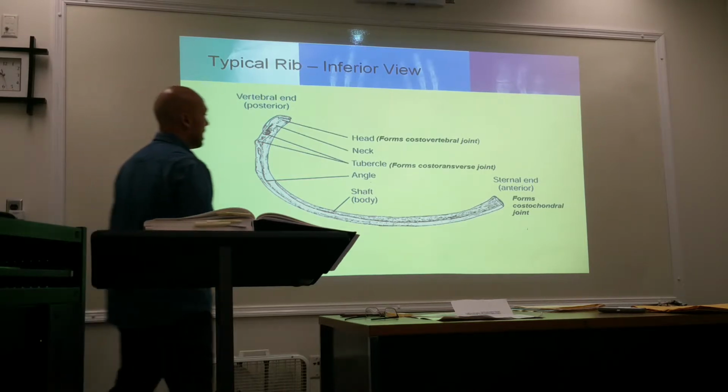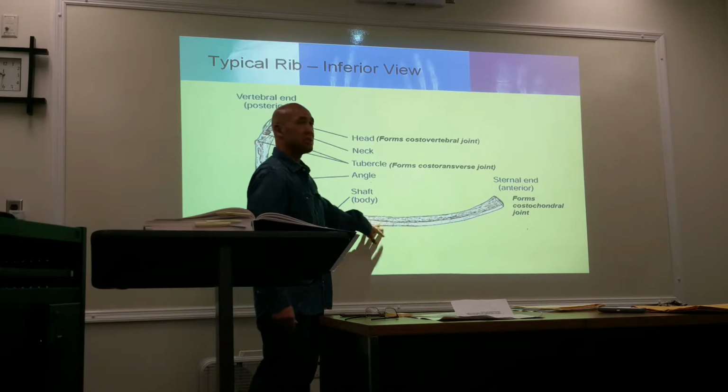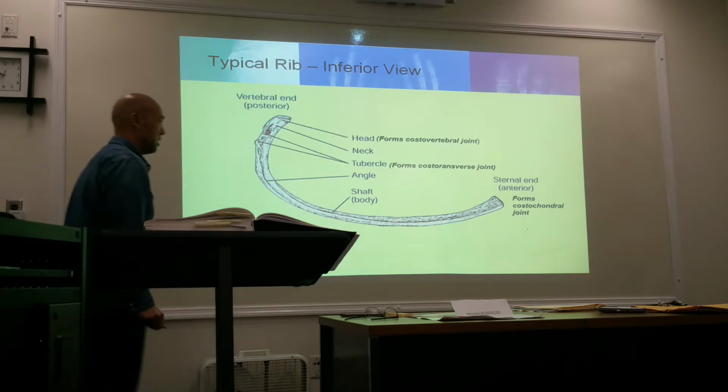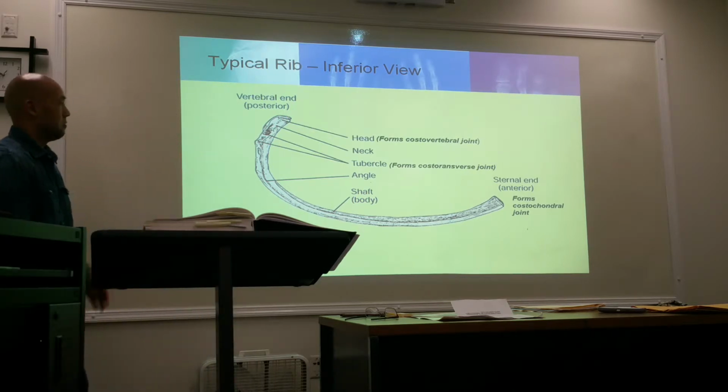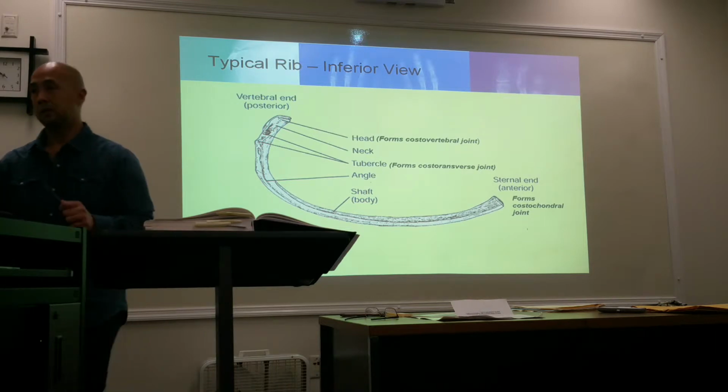And then at the end, the sternal end, where the bone meets the cartilage, is known as the costochondral joint. So this is bone and cartilage articulation. The sternal end of the bone articulates with the cartilage, forming the costochondral joint.